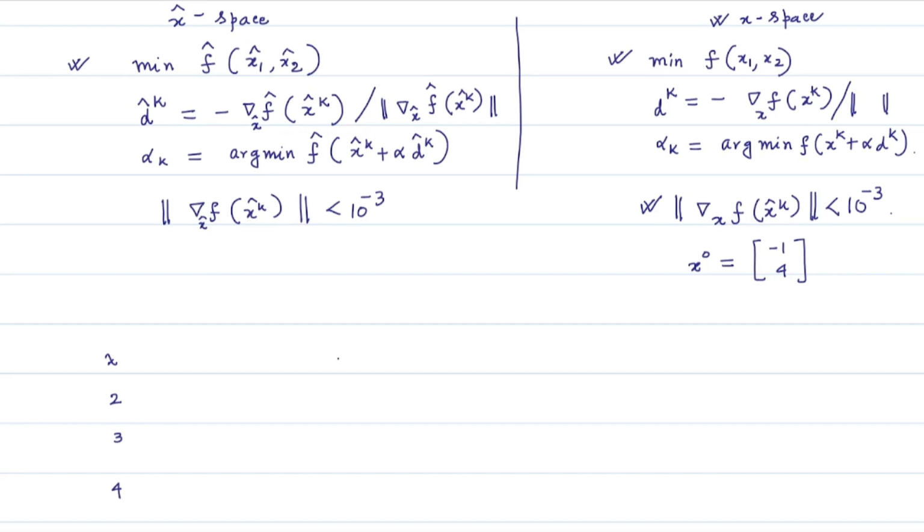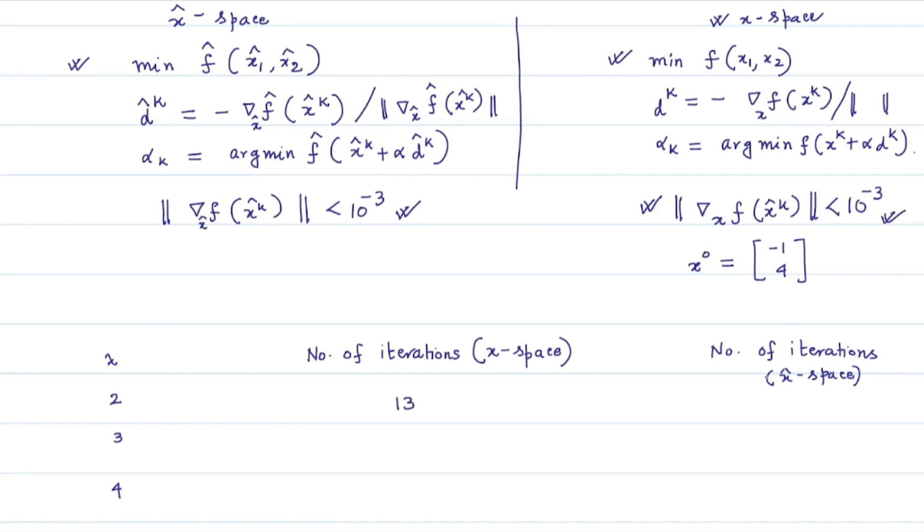Here we take the columns of the number of iterations required in the x space and in the x hat space. For lambda equal to 2, in the x space you require 13 iterations to reach this stopping condition.